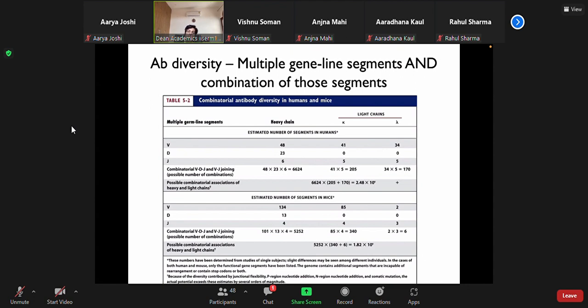You cannot really multiply these numbers, because either you use kappa or you use lambda. Right, sir, got it. One cell has kappa, another cell might have lambda. So that is why this addition is happening. This is not multiplication as such.